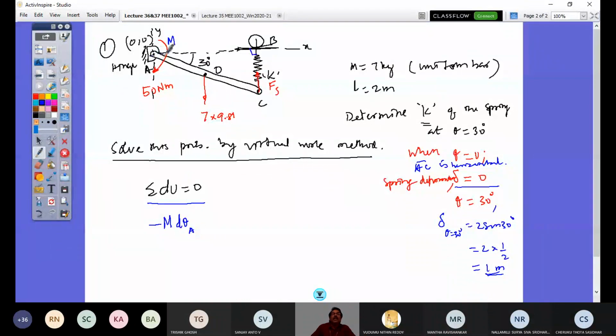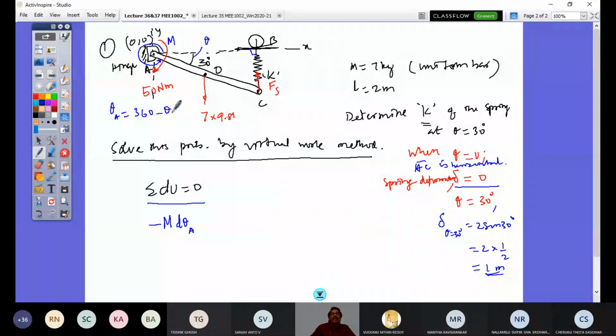Always from horizontal in the counterclockwise sense; that angle is positive. So this angle, how do I represent? 360 minus this angle theta. Let's call this angle theta, given as 30 degrees, but let us assume this is theta. So this orientation theta A here is 360 minus theta.